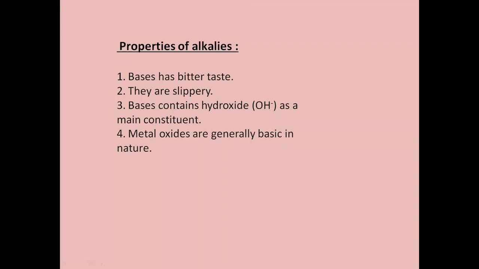So when I say that metal oxides are generally basic in nature, that means they behave as a base in certain chemical reactions, even though they do not contain these OH minus ions. They react with the acids and give us a neutral reaction of salt and water.